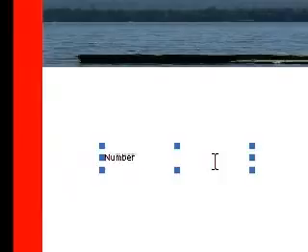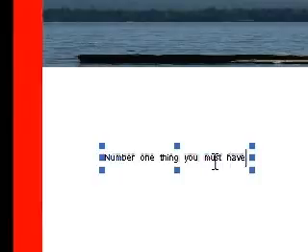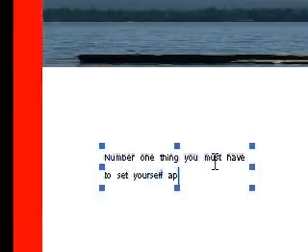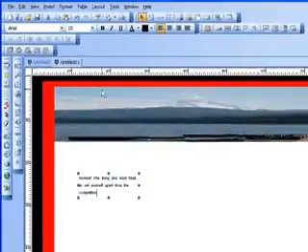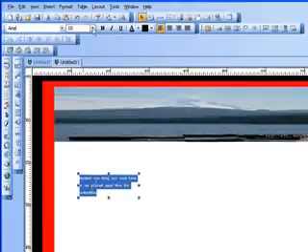What is the number one thing you must have to set yourself apart from the competition? I mean, let's face it, folks, there are a gazillion websites out there, so there are some tricks to this whole thing.